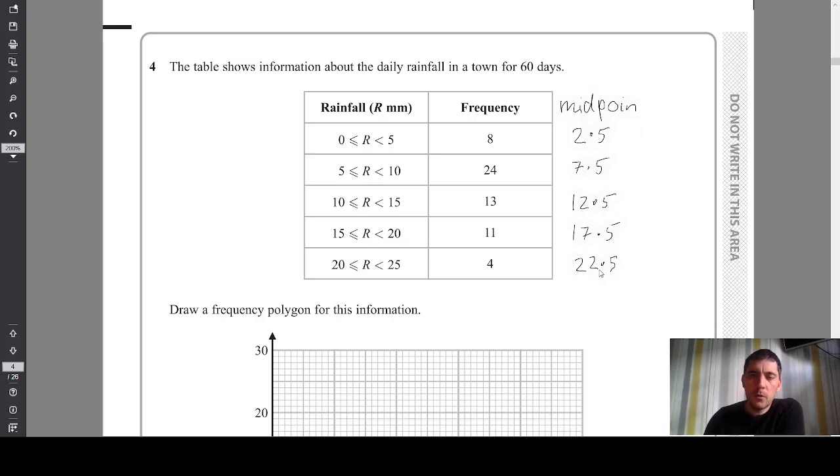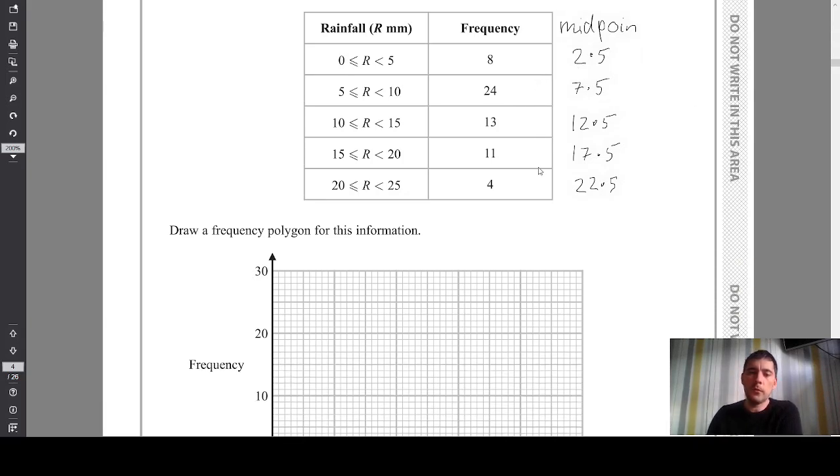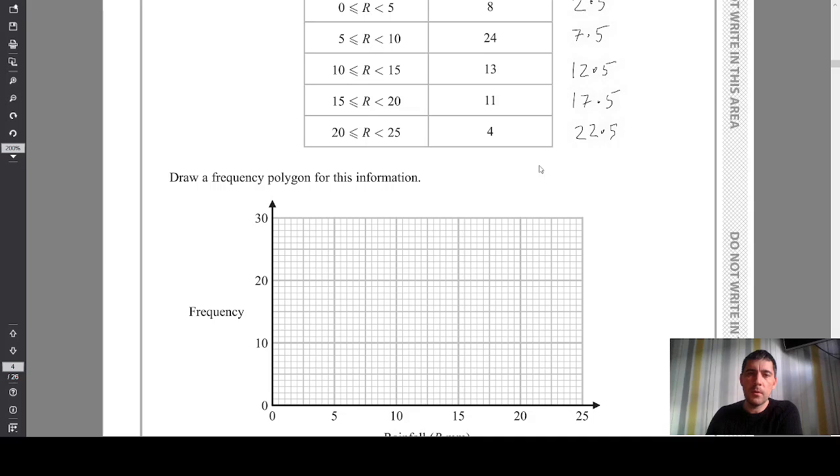So next thing, when you plot those values, you don't put them on 5 or 0, you need to put them on the midpoints. So put frequencies on midpoints. Let's show an example. Find the midpoint here, so 2.5, and plot our frequency just over there.